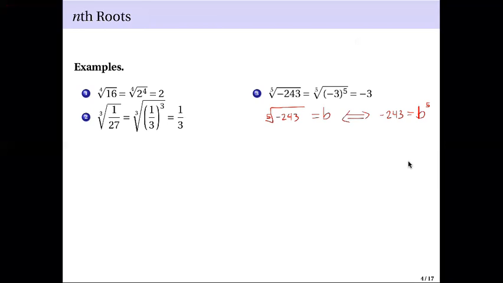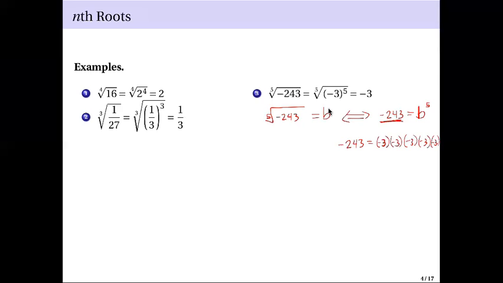So if it is b to the power 5, judging from this equality, negative 243 can be written as negative 3 times negative 3 times negative 3 times negative 3 times negative 3.